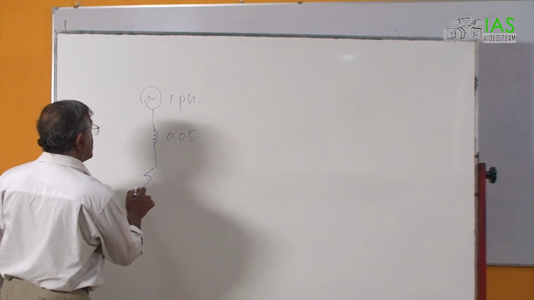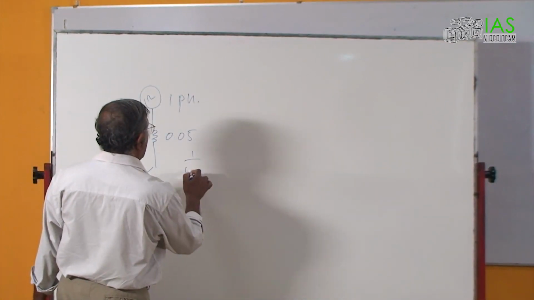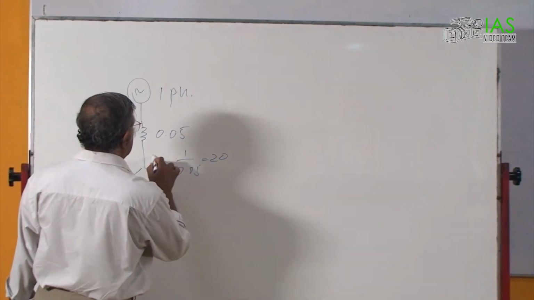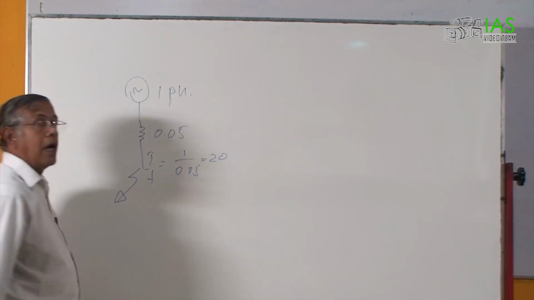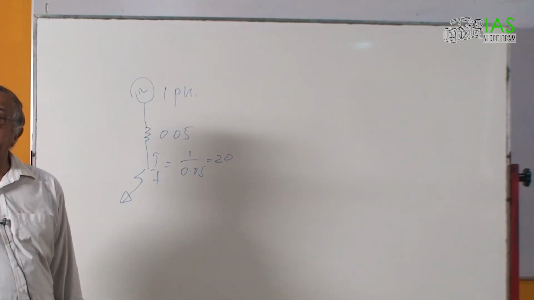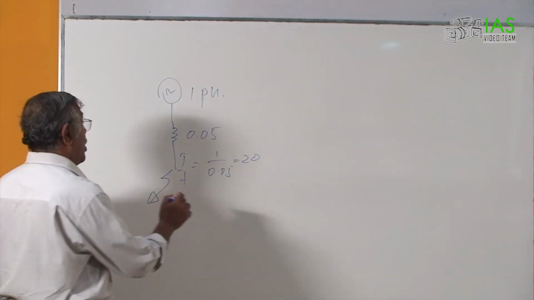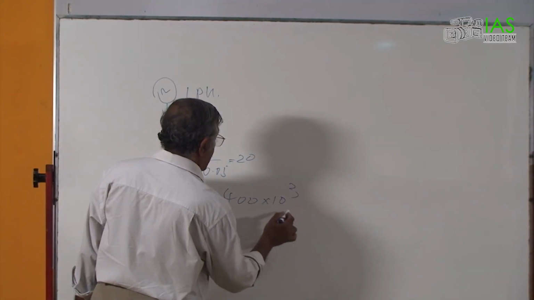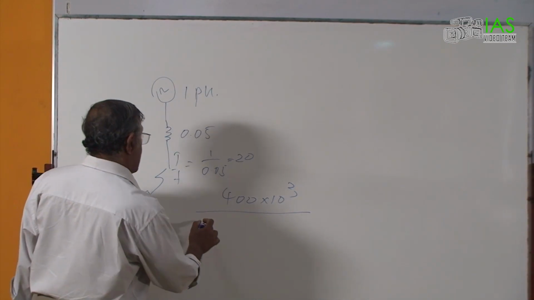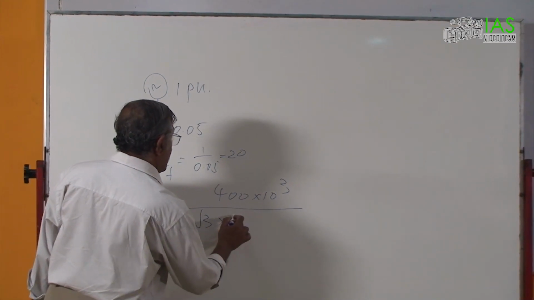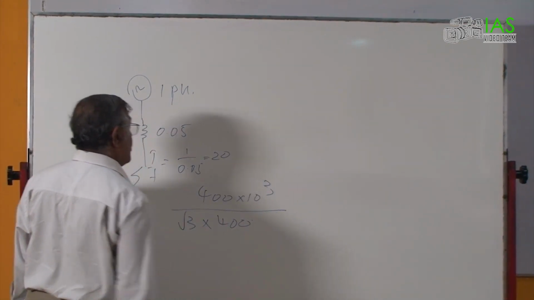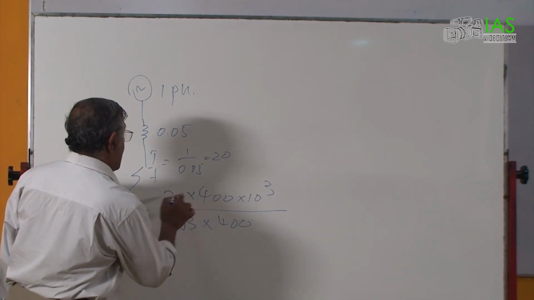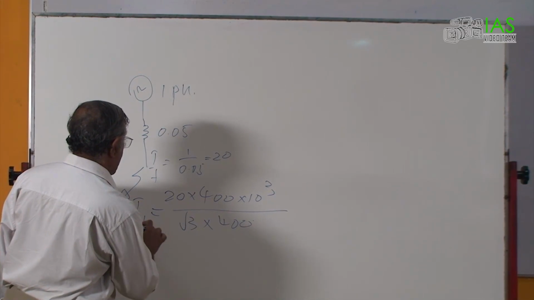If a fault occurs here, the fault current is 1 over 0.05 in per unit, and with the 400 kVA base, that gives the actual fault current.